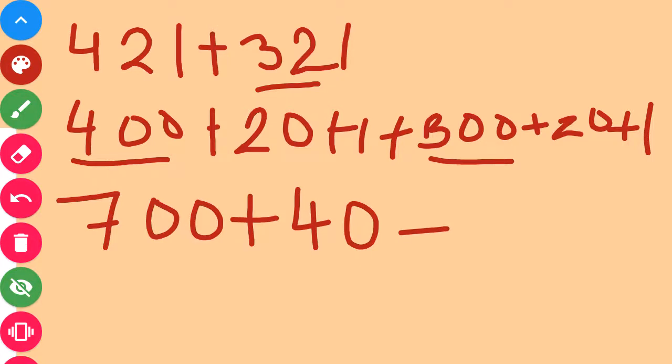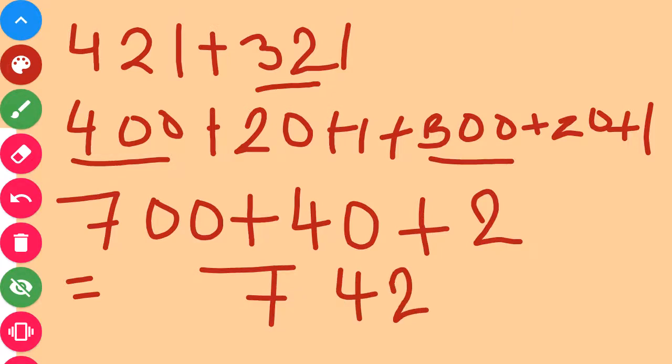And 1 plus 1 will give us 2. So our answer will be 742. Kids, you can choose any of these two methods to do the addition using expanded form. Whichever method you find easy, you can choose that method.